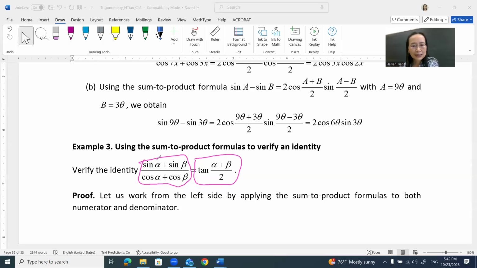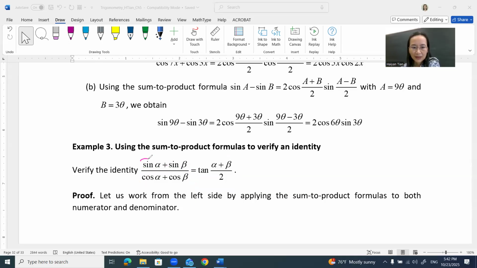How do we show the identity? We can choose, for example, the left-hand side. We cannot reduce it directly. But if we can write the numerator as a product and the denominator as a product, then hopefully we can cancel some common factors, if there are any, right?